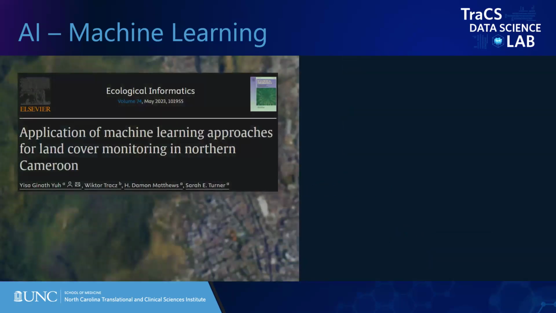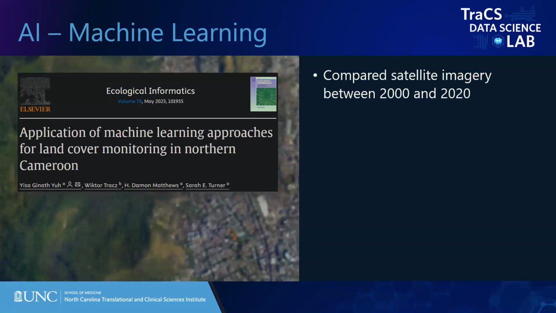And before we move on, I just want to show you a real example of machine learning so you can see what this looks like in a real context. So this study published last year compared satellite images from the year 2000 and the year 2020 in a region of North Cameroon. Part of the reason they chose this region is because it had been experiencing deforestation and agricultural expansion.